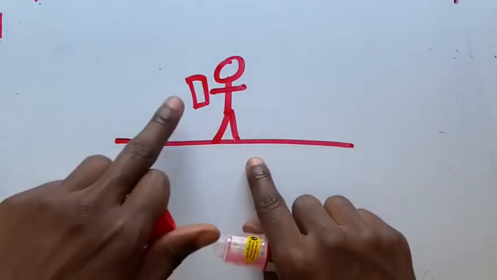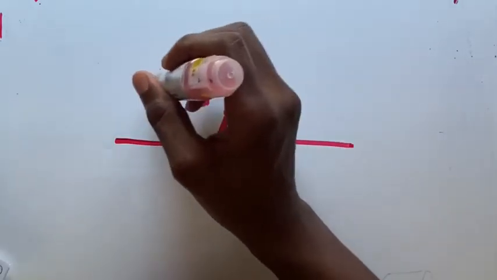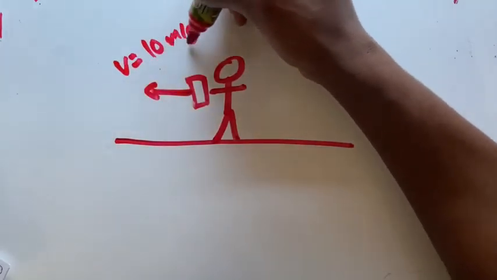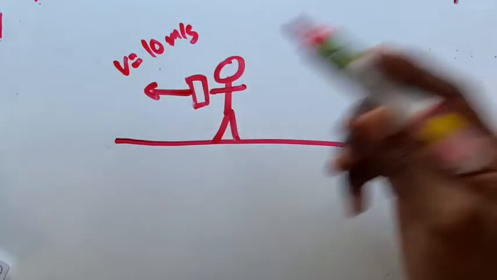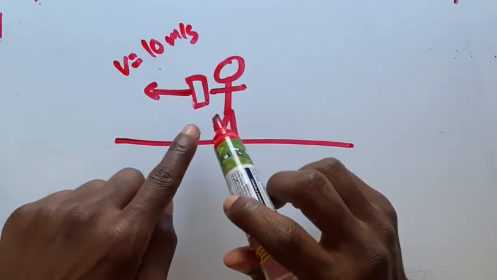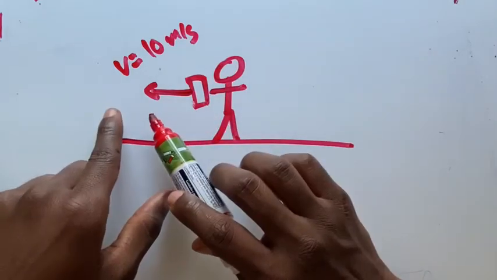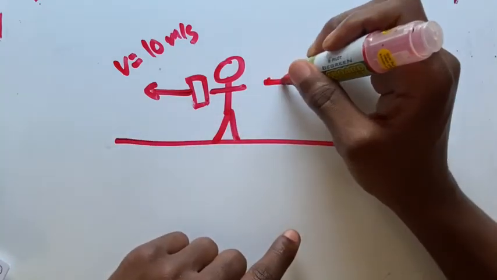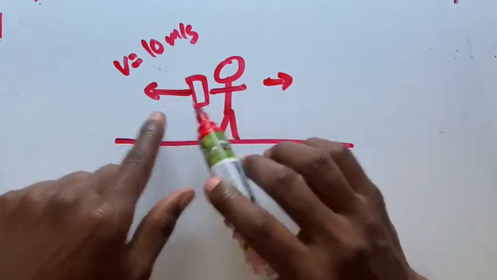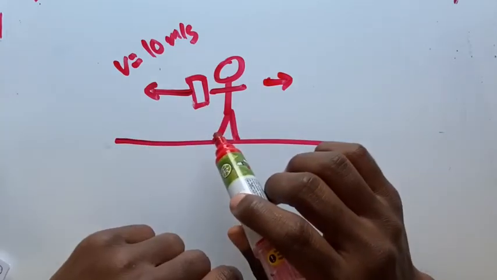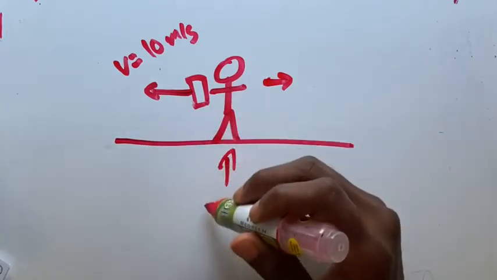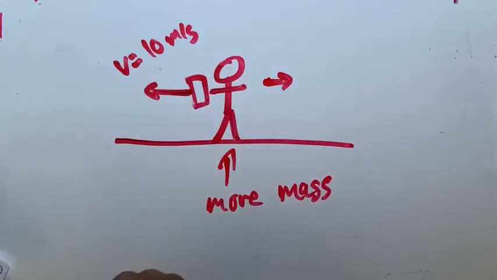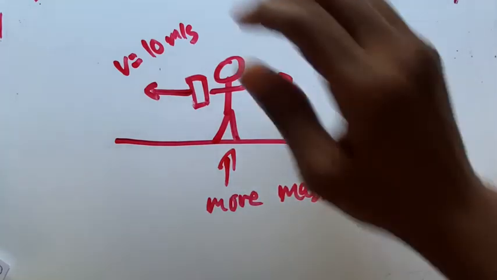If you're standing on ice and you throw an object this way at some velocity, 10 meters per second, or 20 meters per second, however fast you throw that object, you're going to go in the opposite direction, right? But you're not going to go as fast as what you threw the object because you have more mass. So the answer to number 9 is going to be C.